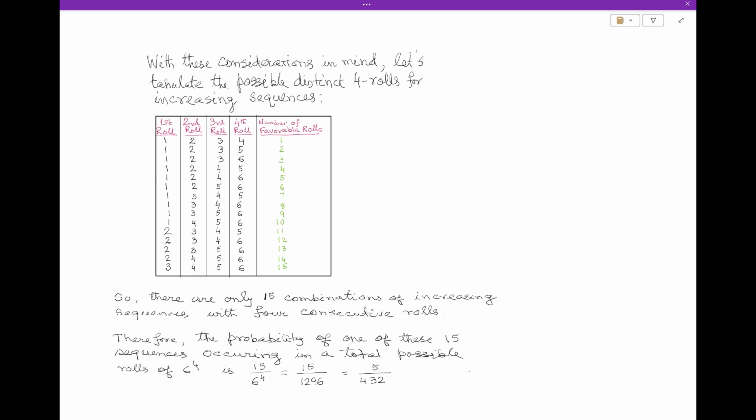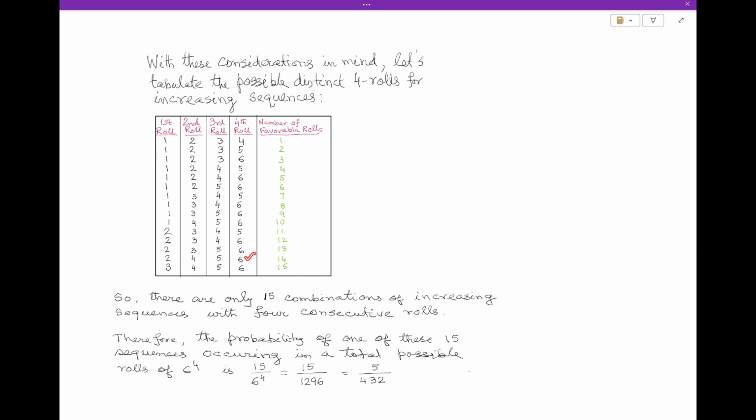Similarly, if the first number is 2, then there are 3 combinations with second roll as 3, and those are 2, 3, 4, 5; 2, 3, 4, 6; and 2, 3, 5, 6. Finally, there is only one combination when the second roll is 4 and the first roll is 2, that is 2, 4, 5, 6.